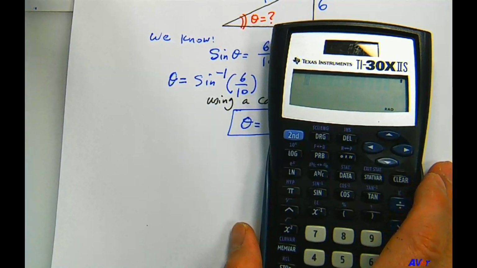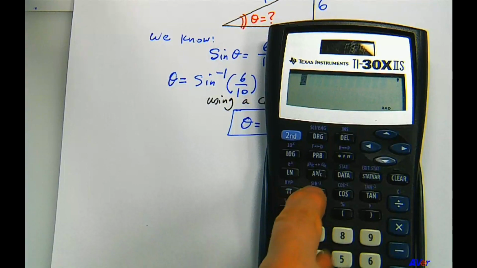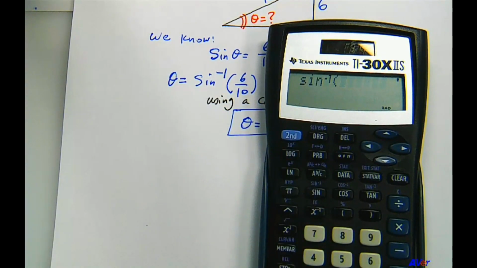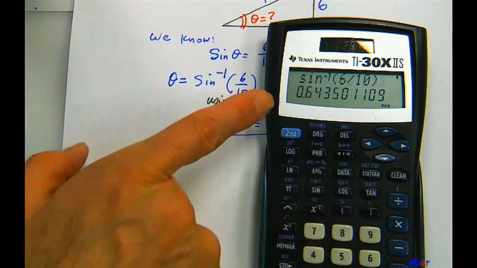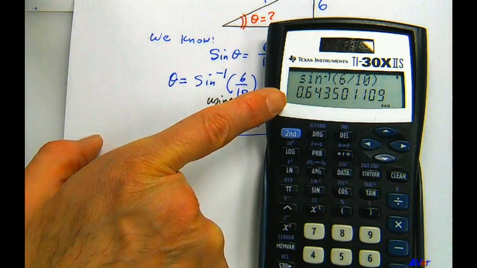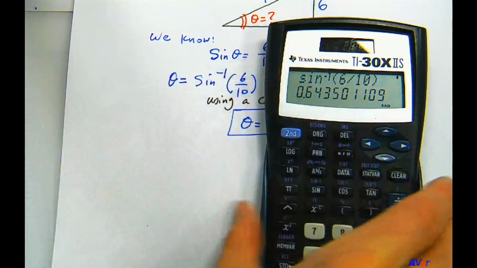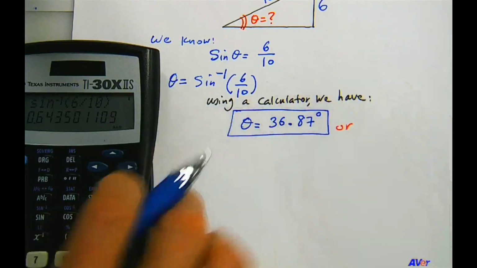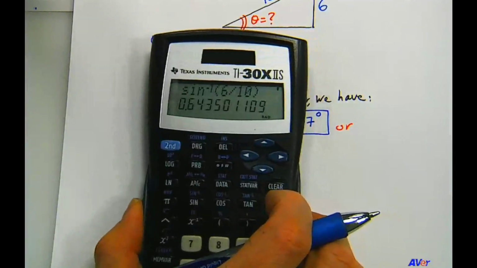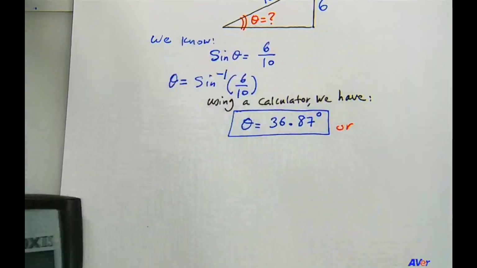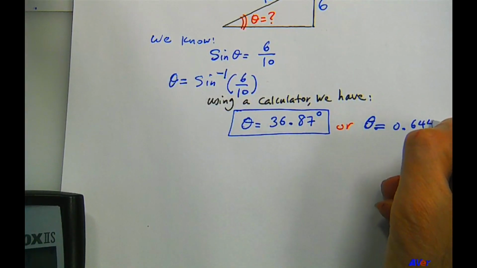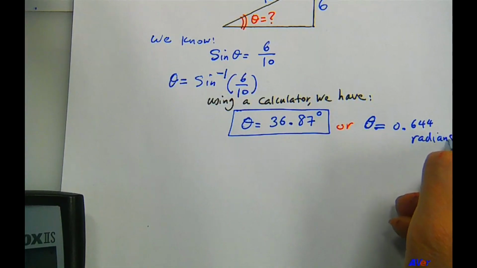The inverse sine in my calculator is in the upper function, so I say inverse sine of 6/10, close parentheses, and hit the enter key, and that is the value in radians, 0.64, and I'm going to round it to roughly 0.644 radians, or theta equals 0.644 radians.